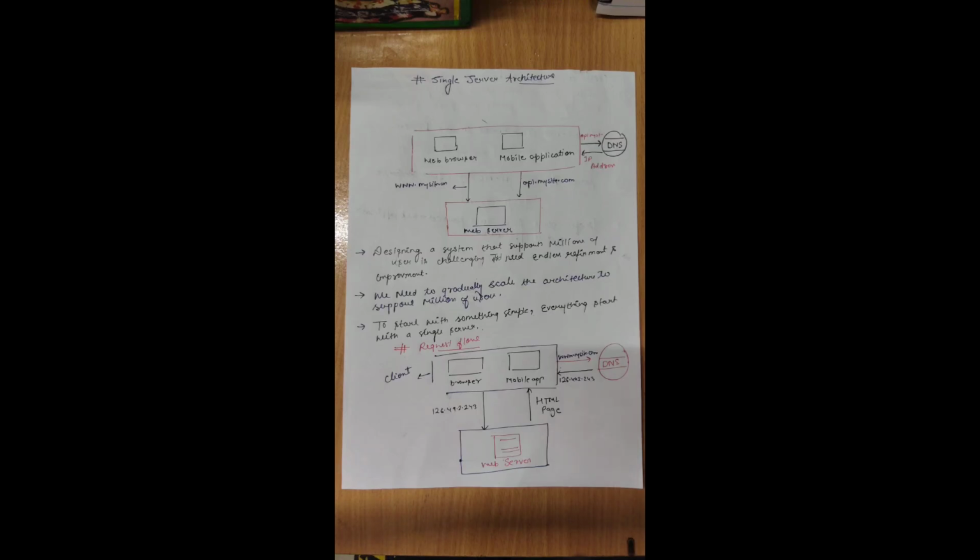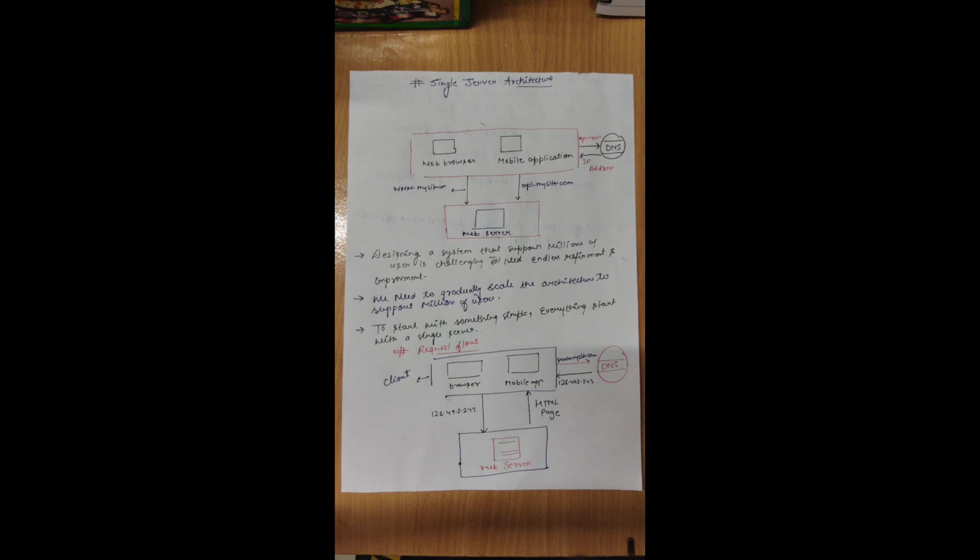So, hi everyone. We are starting off with a video series on how we can create or set up an architecture which can support zero users up to 1 million users.